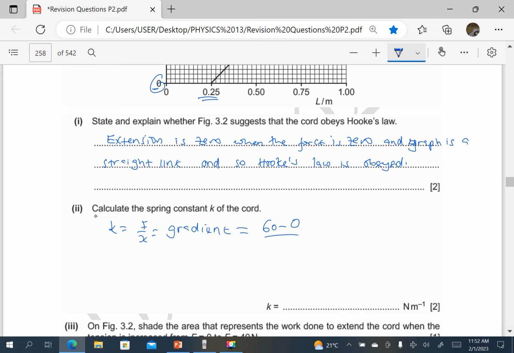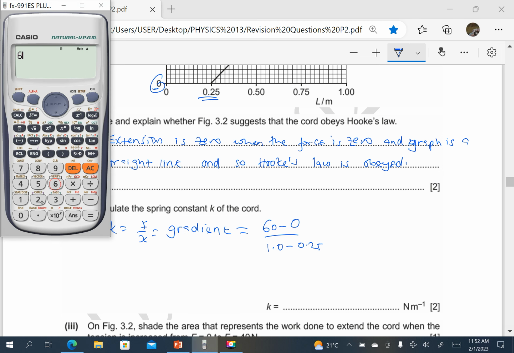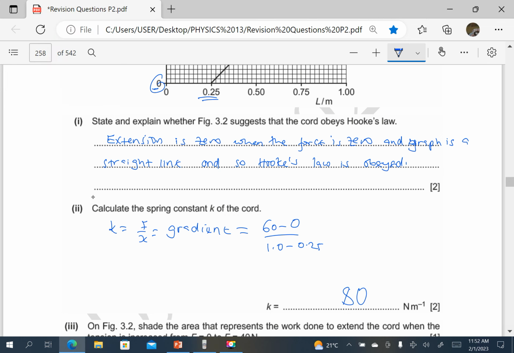On the X we have 1.00 minus 0.25, which is 60 divided by 1 minus 0.25, which is 80. So K is 80 newtons per meter.